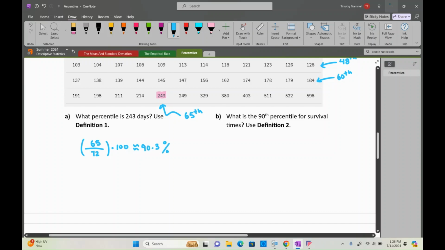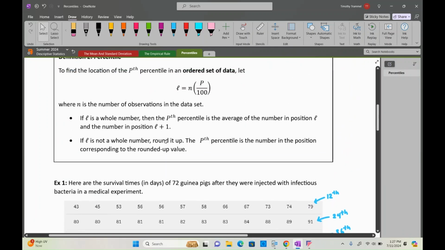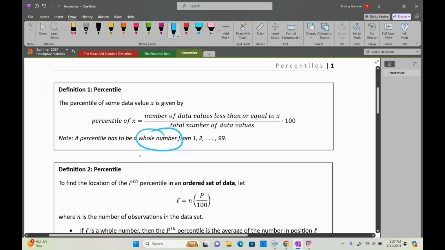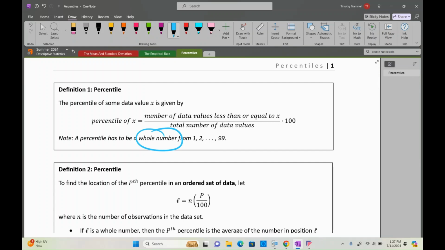I want to point out, when we talk about percentiles, one thing I didn't mention is they need to be whole numbers, and specifically they can be 1, 2, 3, all the way up to 99. We won't talk about a 0th percentile or a 100th percentile, only 1 through 99.